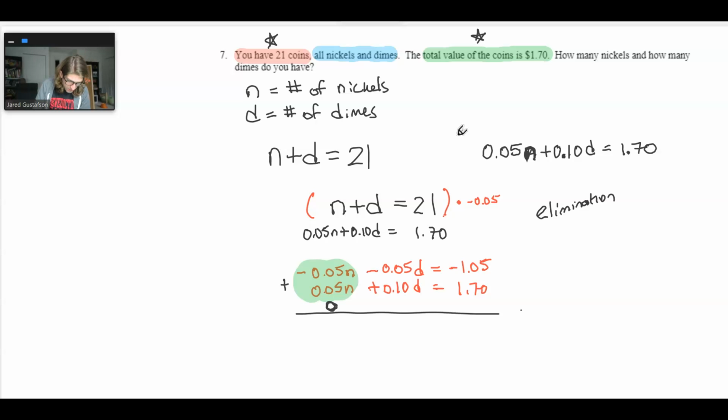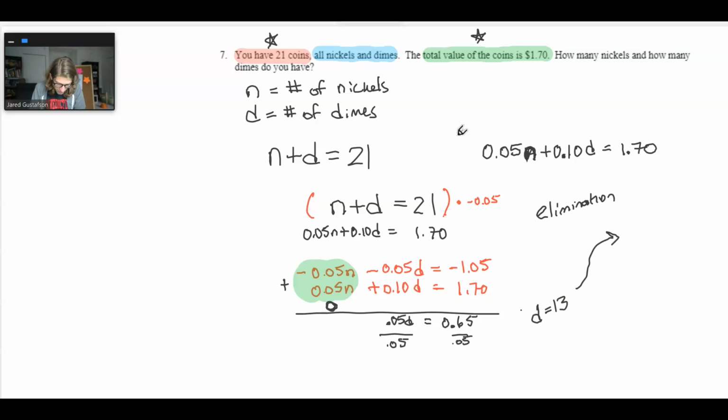When we add them, it'll be 0. Negative 0.05D plus 0.1D is 0.05D. That equals negative 1.05 plus 1.70, which is 0.65. We divide both sides by 0.05 and we get D equals 13. So there will be 13 dimes.